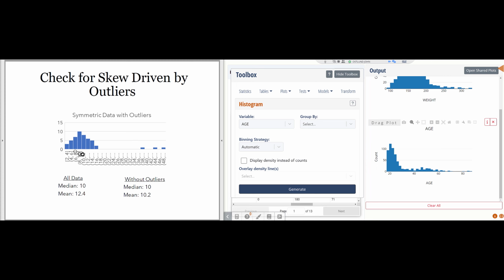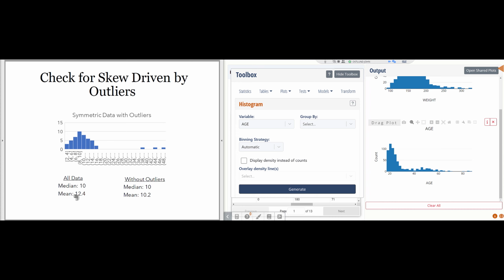Okay, here we have an example of a data set where most of the data looks nicely symmetrical, but we have a few outliers out here at the extreme right. If we look at all of the data, including the outliers, then our median value in this data set is 10.